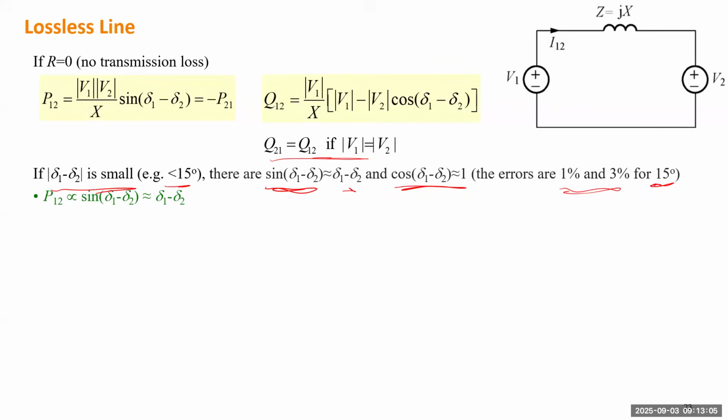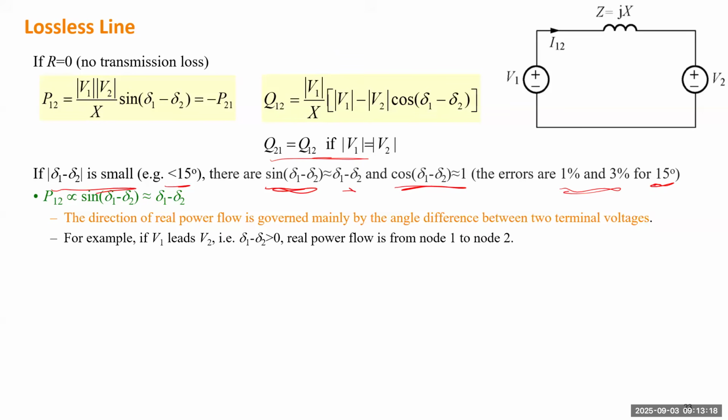Which means active power is roughly proportional to the angle difference. The direction of real power flow will mainly depend on the angle difference between the two voltages. So if V1 is leading V2, the angle difference is positive, and active power will be from node 1 to node 2.